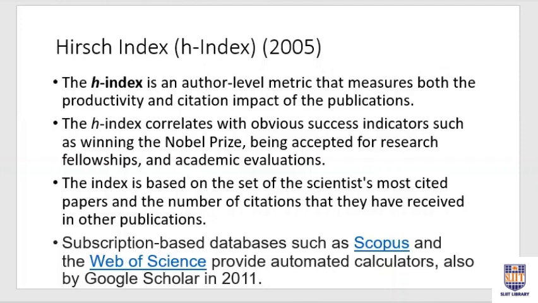They use the H index to evaluate their performance. So as I told you, it depends on the citations of the scientist.